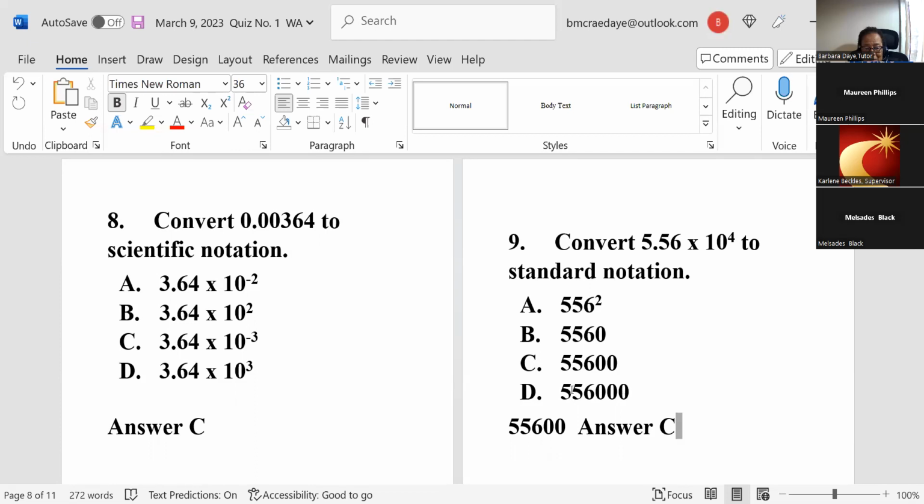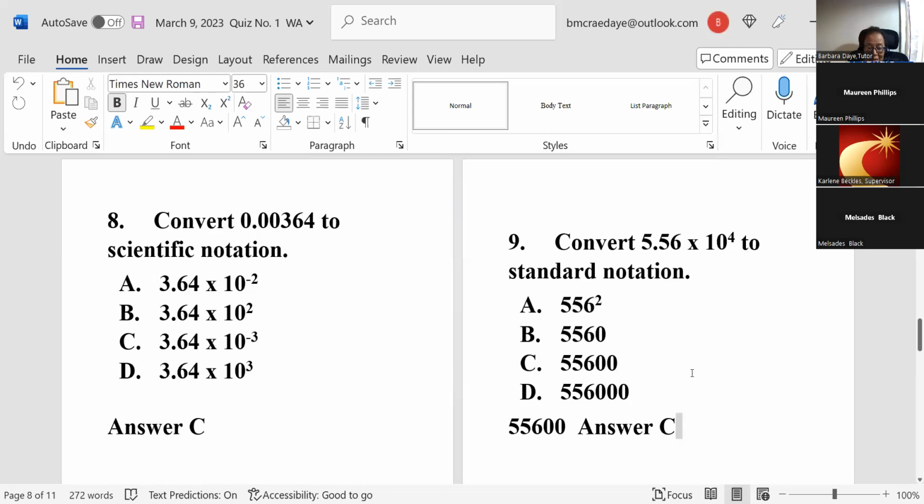About 4 places. No, just count. One, two, three, four, five. Just count the digits. That's 5 places. To go between the 5 and the 5: 1, 2, 3, 4, 5. That would be 5.56 times 10 to the 5th power.